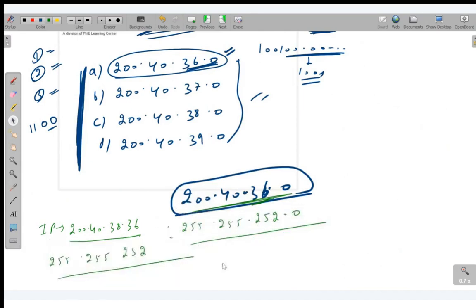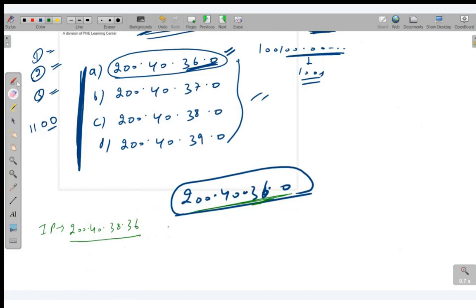In place of wasting time here, let me write it again. It will be a much better idea. So the IP address is this, and it will be bitwise ANDed with 255.255.252.0. So what will you get? 200.40, and now try to imagine here 252 and here 38.